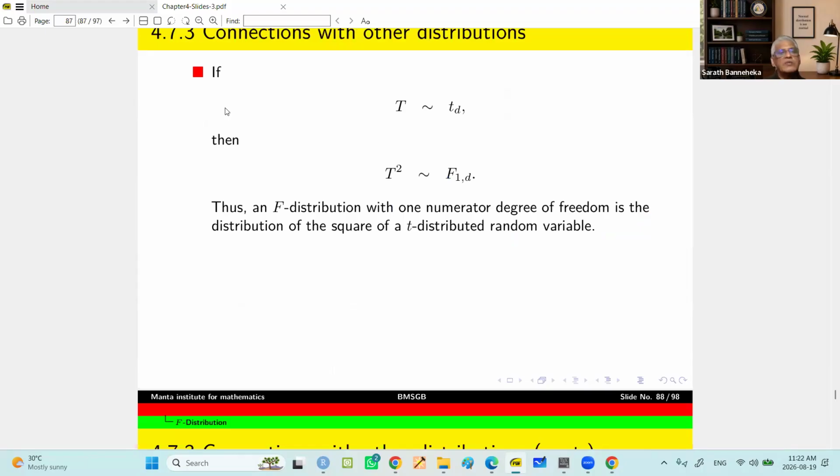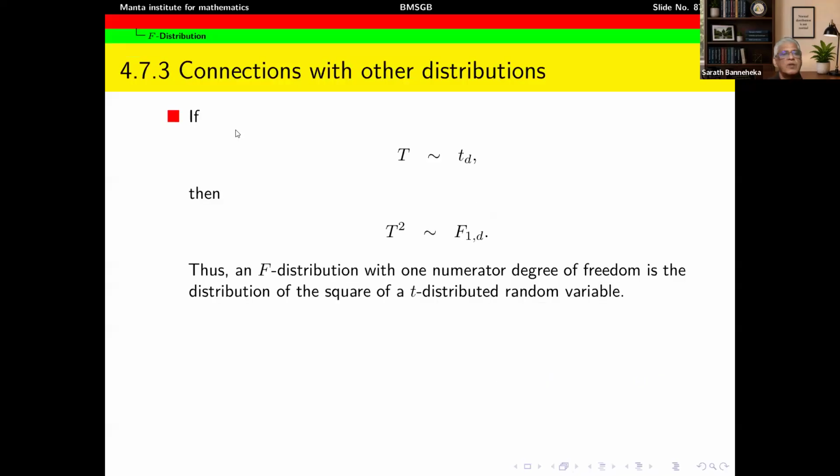Now we will look at some relationships between the F distribution and some other distributions, connections with other distributions.